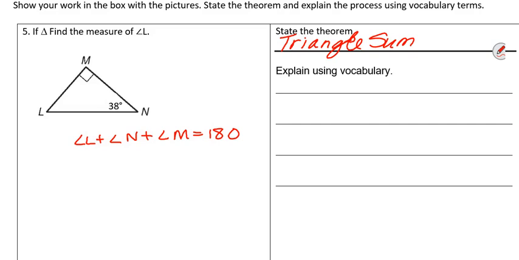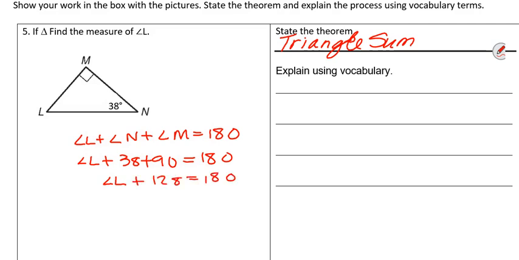Also, we could have done that by saying angle L plus 38 plus 90 equals 180. So angle L plus 128 equals 180. And then we would have found angle L equals 52 degrees.